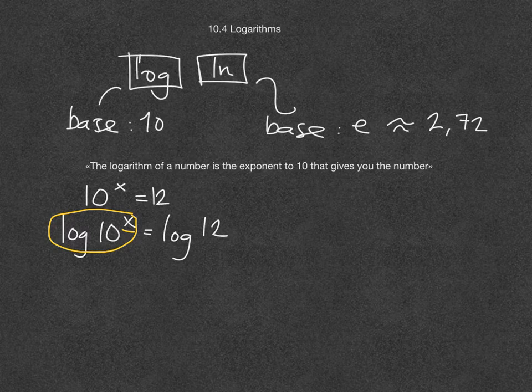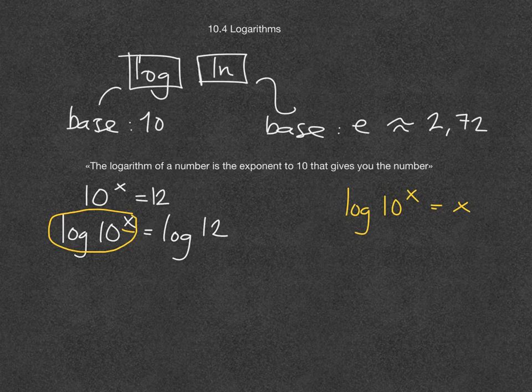So we can generalize this to say that, okay, the logarithm to 10 to the power of x must be x itself, because that is the number that makes 10 to the power of x become 10 to the power of x.